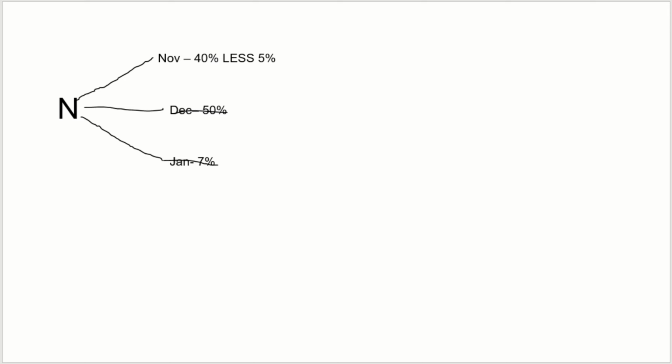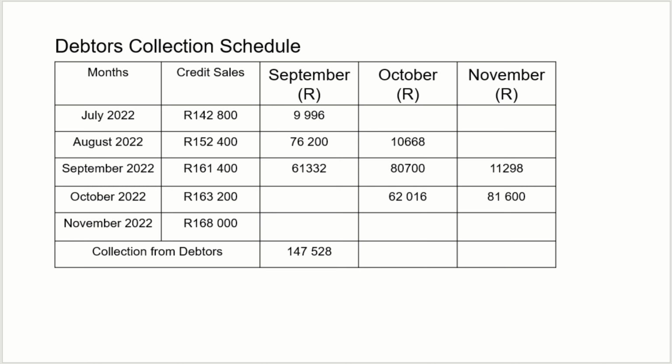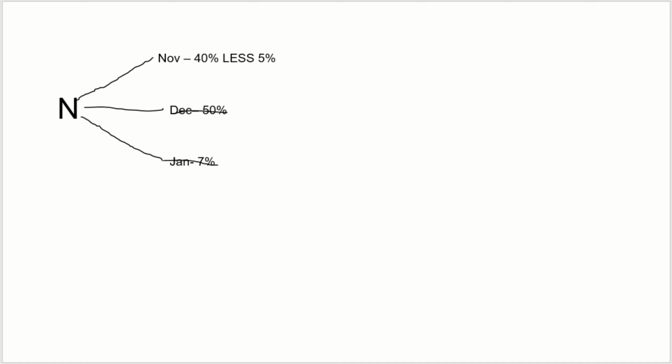Okay, so remember what I said about this calculation where there is a less discount. We're going to take the credit sale of 168,000, we're going to take that and input it here and say 168,000, and then we're going to just multiply that by 40%.